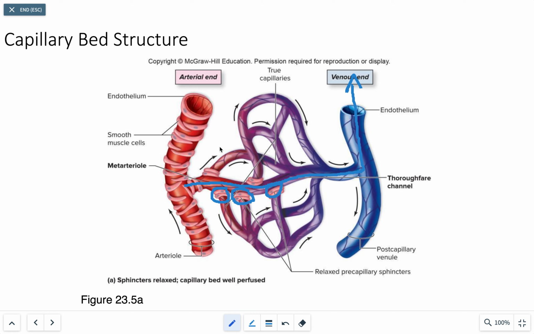So for instance, in low blood pressure or exercise, we can see these precapillary sphincters contracting to non-essential organs like the digestive system during exercise, and it'll cut off the true capillary system and allow for the blood flow to then return back to the heart to increase blood pressure.